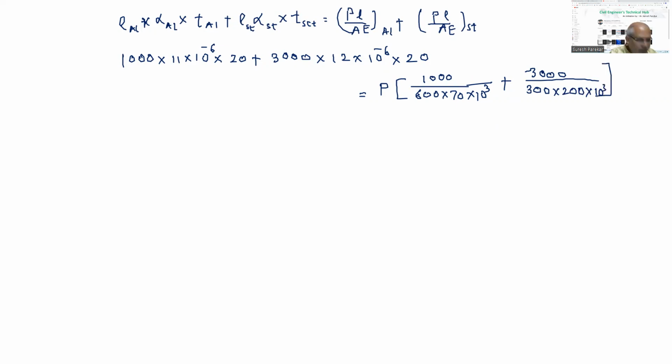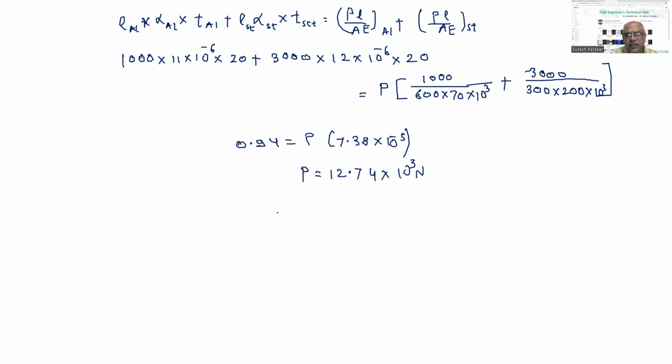And now if you solve this, we will get the left hand side 0.94, which is equal to P in the bracket 7.38 into 10 raised to minus 5. And from this, if you solve, you will get P equal to 12.74 into 10 raised to 3 Newton.